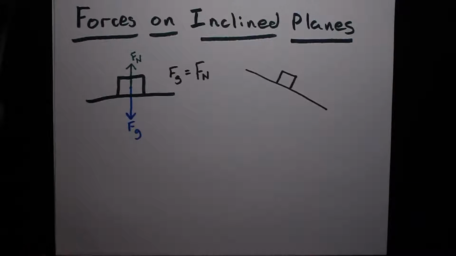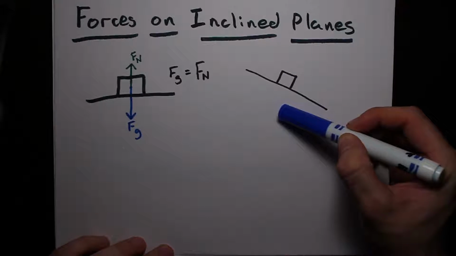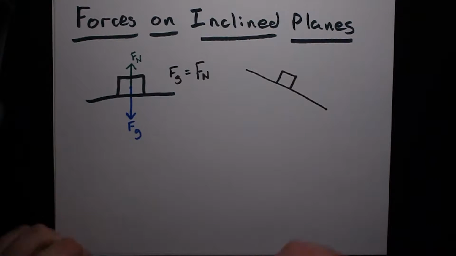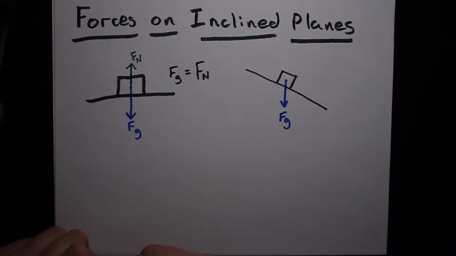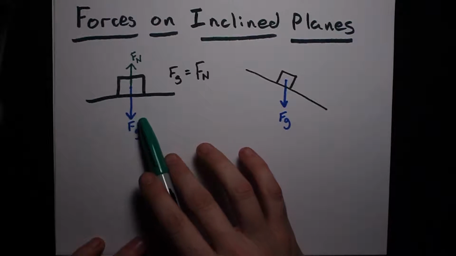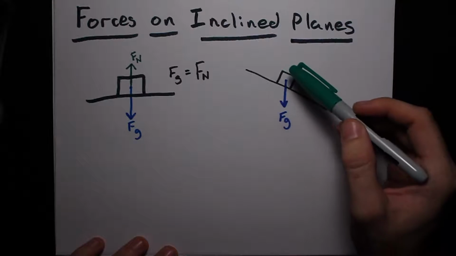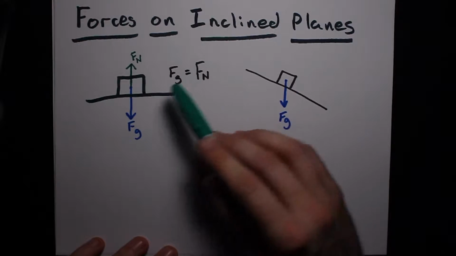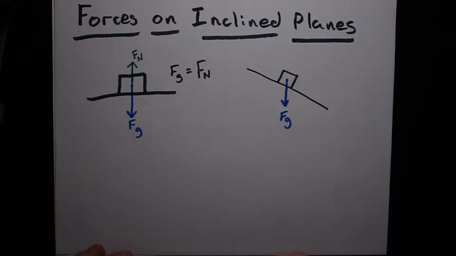First off, the force of gravity is still straight downwards, just like it was on a flat surface. Another concept that carries over is that the normal force is perpendicular to the surface. Now, it's not equal and opposite anymore, but it is still perpendicular.